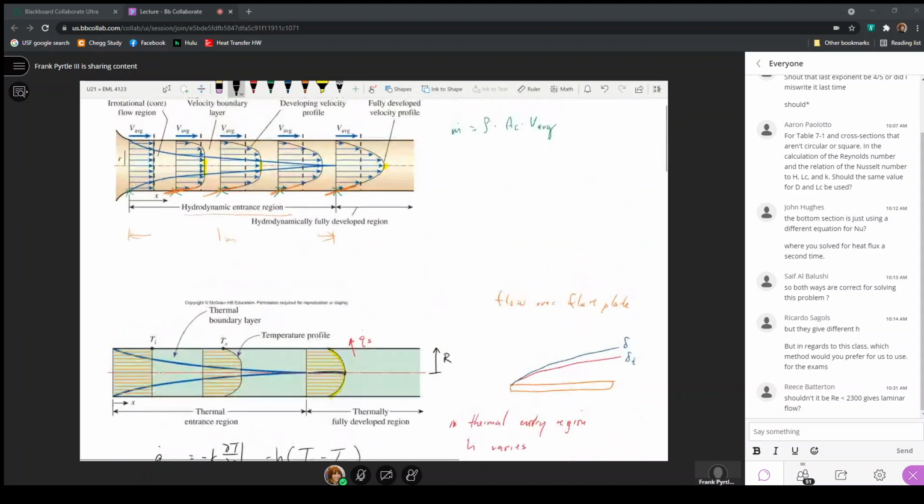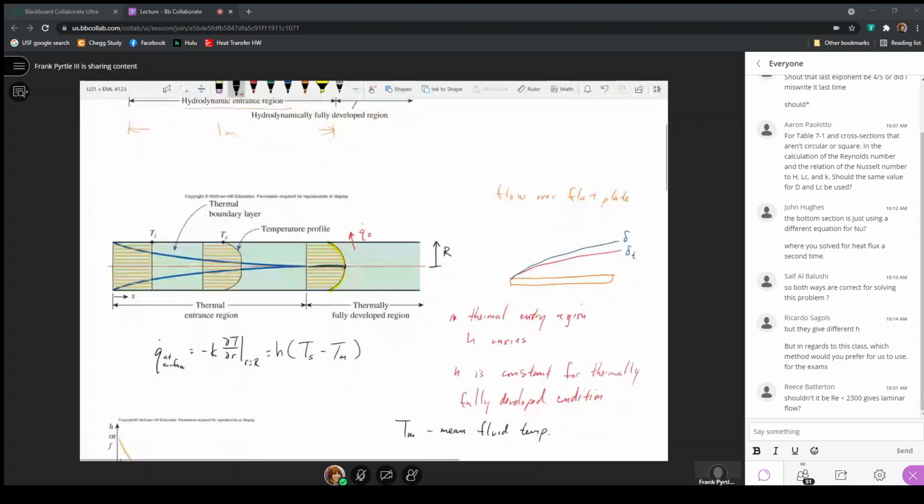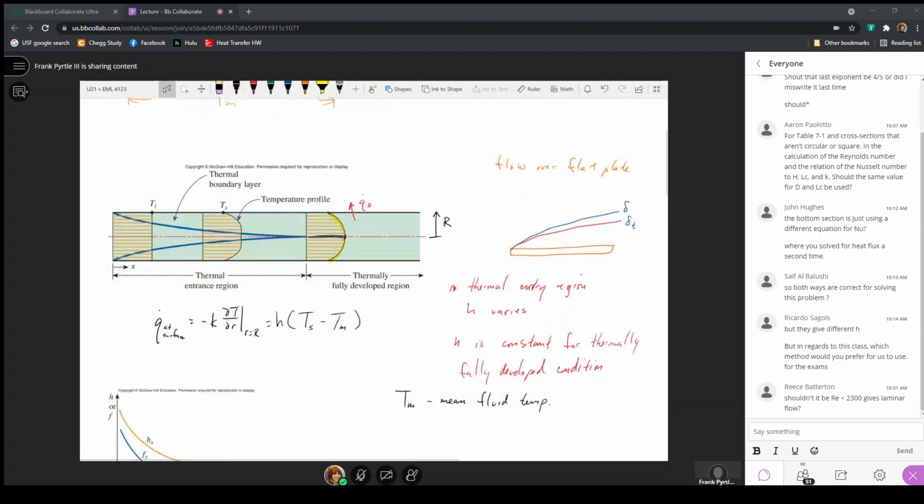Again, here, this is a velocity distribution. The average velocity is just the average over the cross-sectional area through the pipe. But if there's a temperature distribution in the fluid, if we take the average value through the cross-section of the pipe for the fluid, we call that a mean temperature of the fluid.